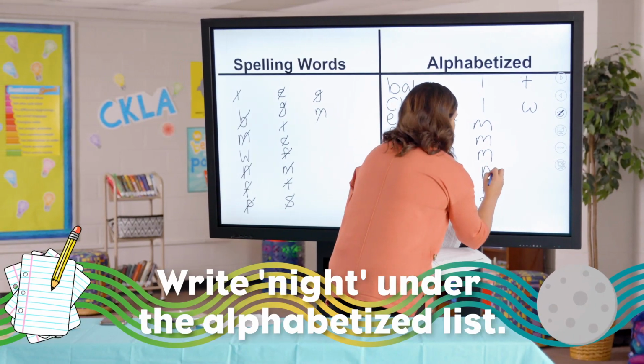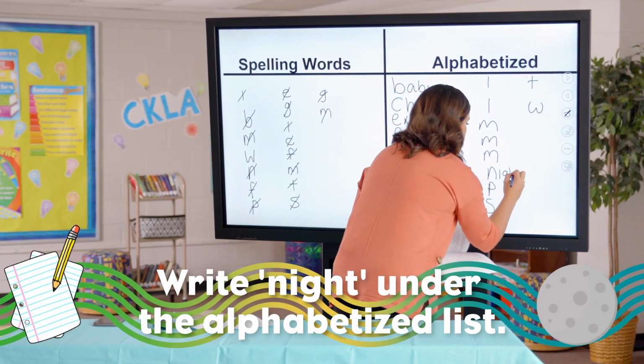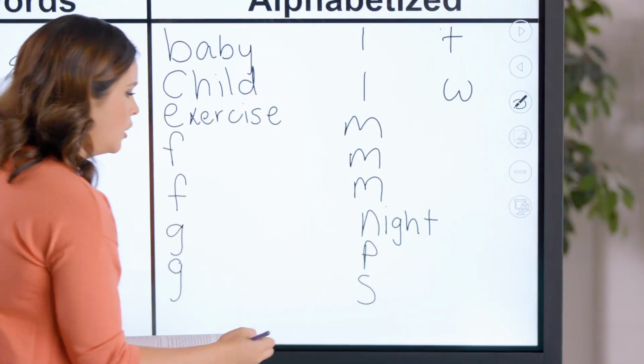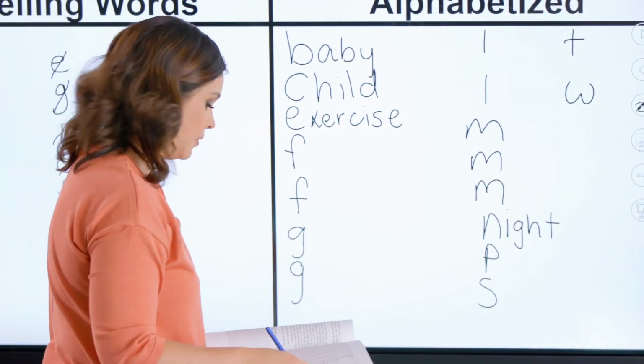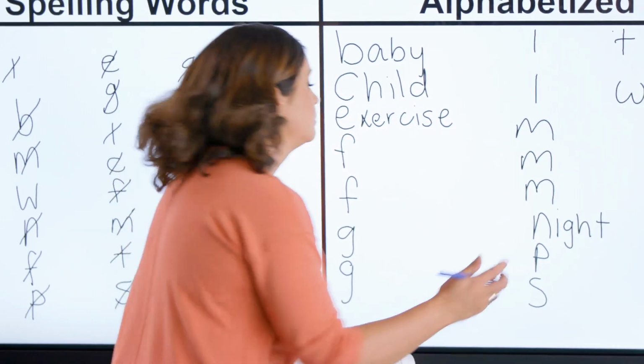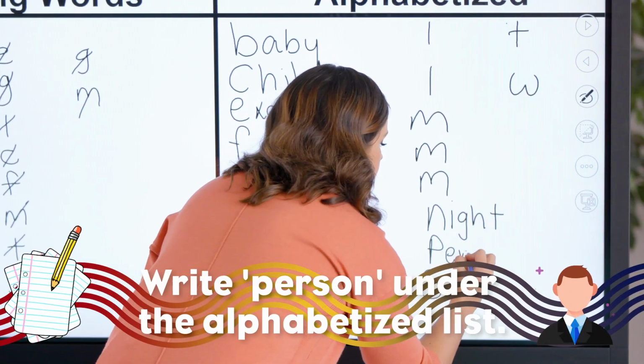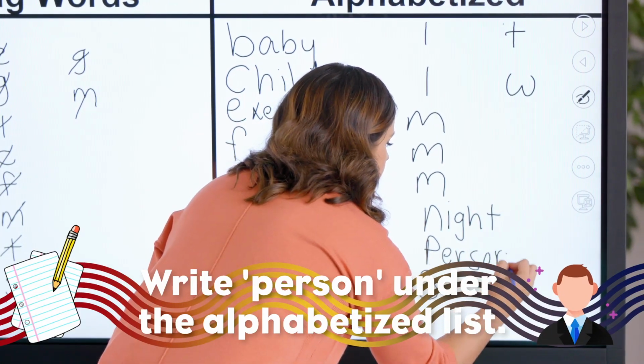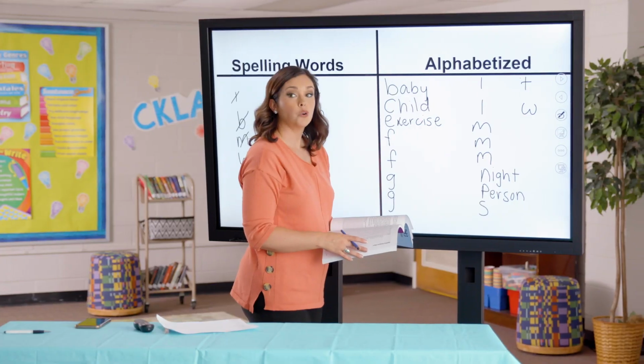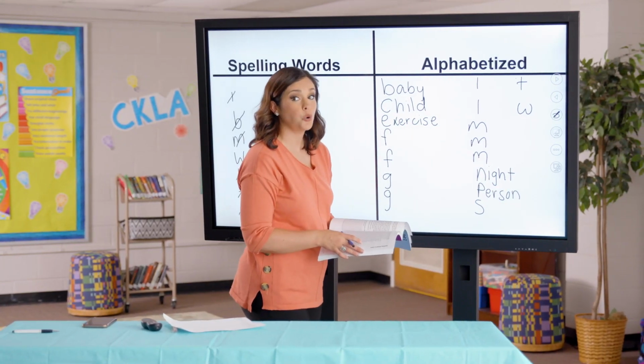night. We also have a P. That word is person. Our word that starts with an S is story.